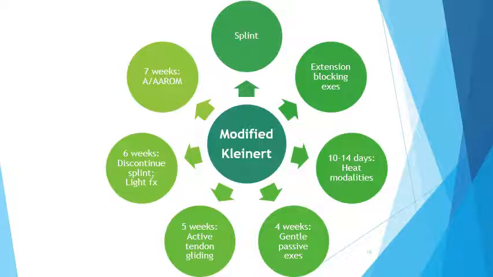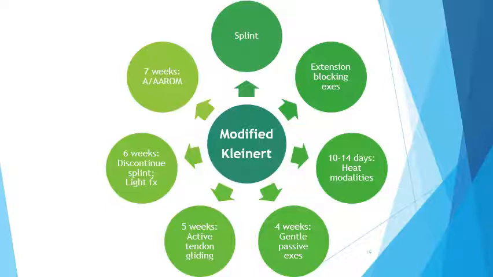At this stage, extension of the digits can be performed against the rubber band traction up to the dorsal blocking orthosis. So it's basically against the rubber band from when the splint is applied up to 4 to 6 weeks.